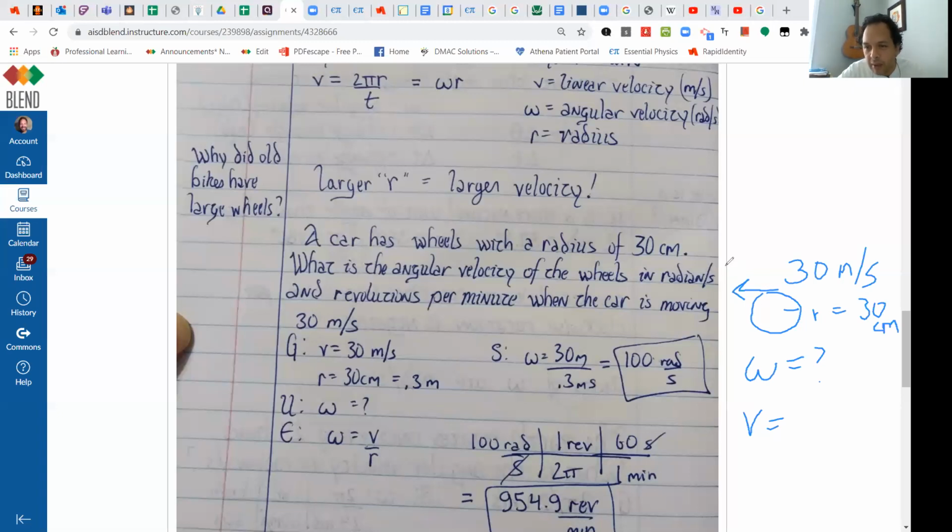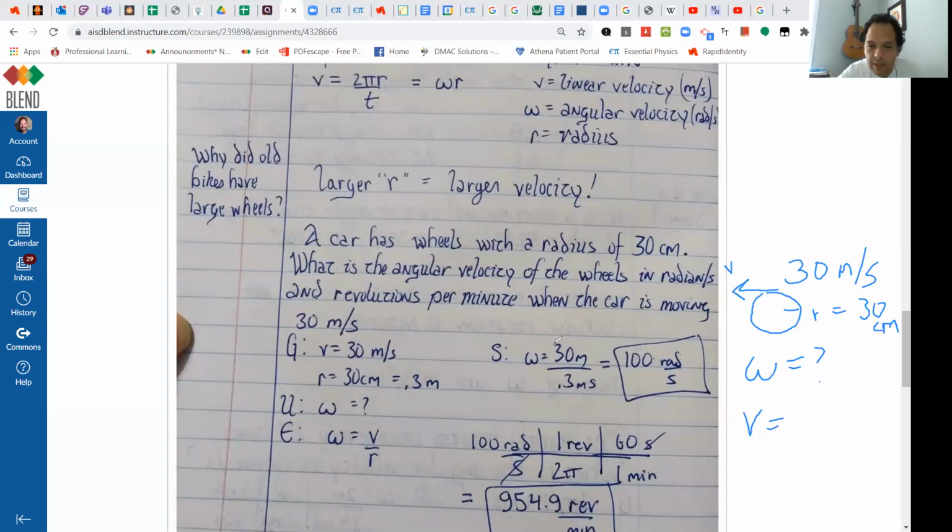So if we know the speed that's going in a linear fashion, going straight, then we know how fast that wheel is turning. What's the angular velocity? They gave us the velocity, they gave us the radius. We want to know the angular velocity. So we just take the velocity divided by the radius.